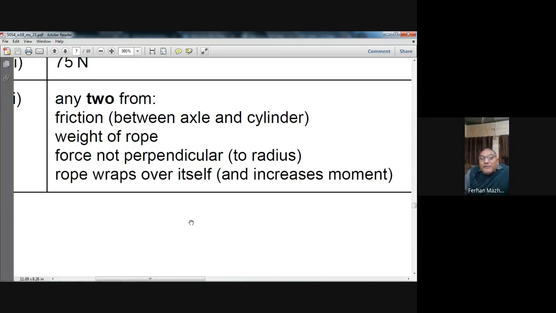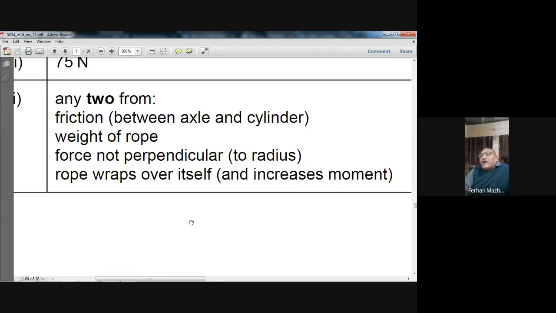The moment arm becomes smaller. If the moment arm becomes smaller, you have to apply a larger force to produce the same moment.